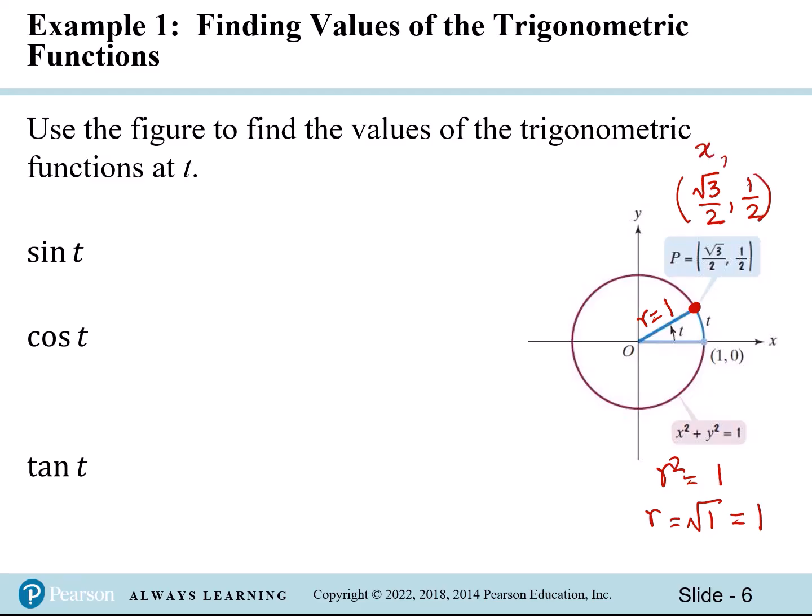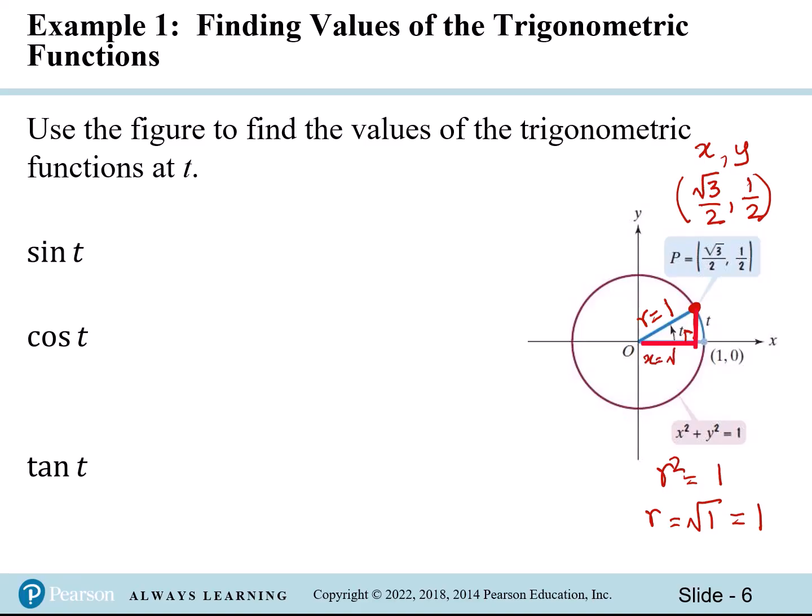What does that mean with reference to this particular angle? I'm going to drop a line from the point vertically down to the x-axis. And when I do that, I get the figure of a right triangle here. And what is x? X is the distance from the origin to the point where the line touches the x-axis. So this distance is square root of 3 divided by 2. I'm going to write that. It represents x, which is square root of 3 divided by 2.